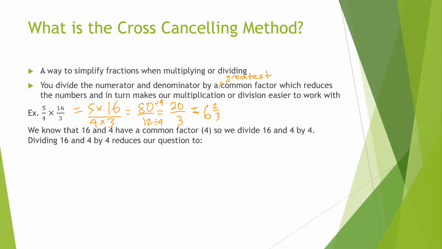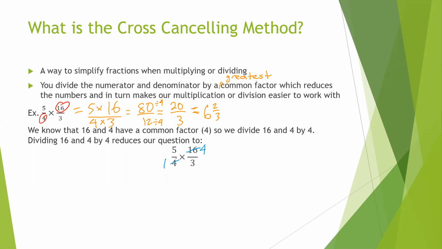So in our case, we are simply going to take 16 and 4, and we're going to divide each of them by the common factor, which is 4, because I can see here that 16 and 4, even though they're across from each other, actually have a common factor of 4. So that means I can divide both of them by 4 in this case. If I divide 16 by 4, I actually end up getting 4. And if I divide 4 by 4, I end up getting 1.